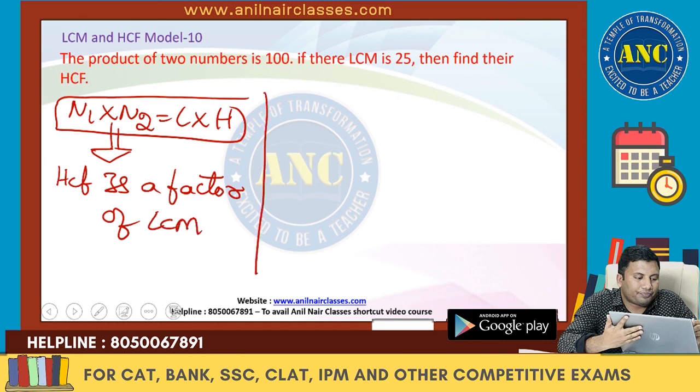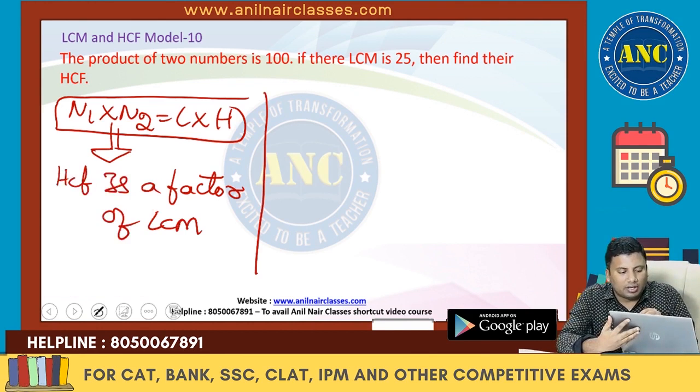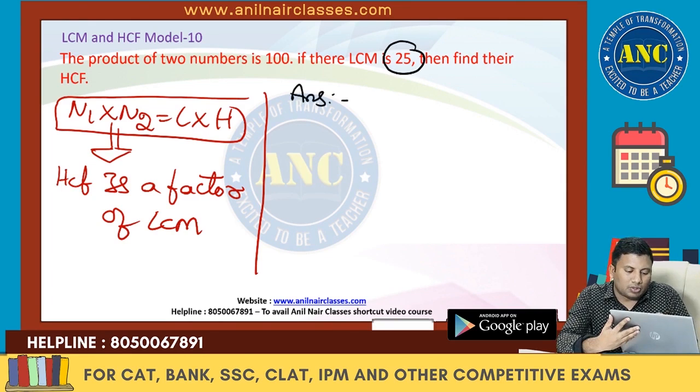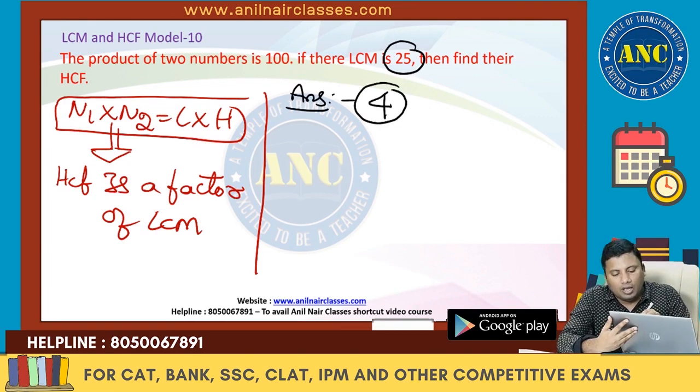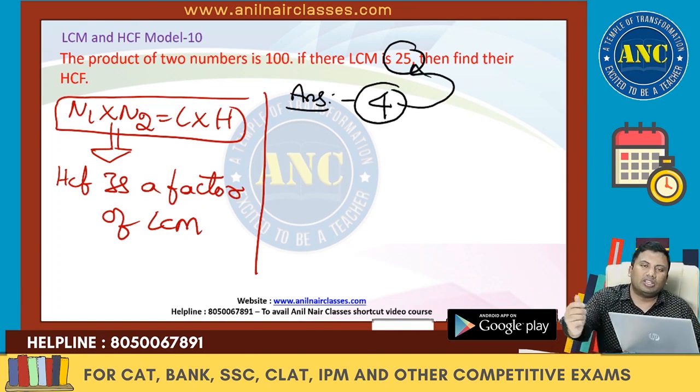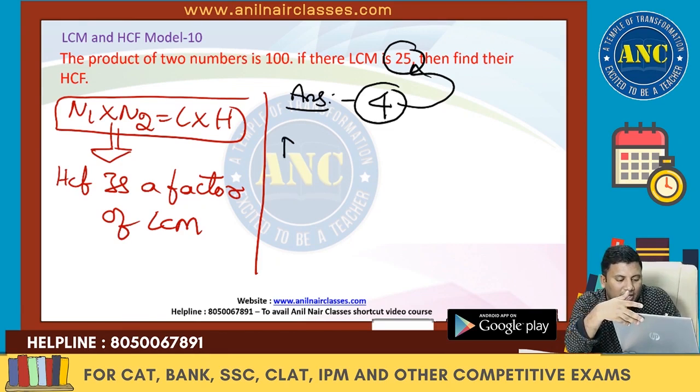Now, see here. Then what is the answer for this question? The LCM is 25. Some students who are very poor in mathematics might say the answer is 4, but 4 is not a factor of 25. The answer for this question is data inconsistent.